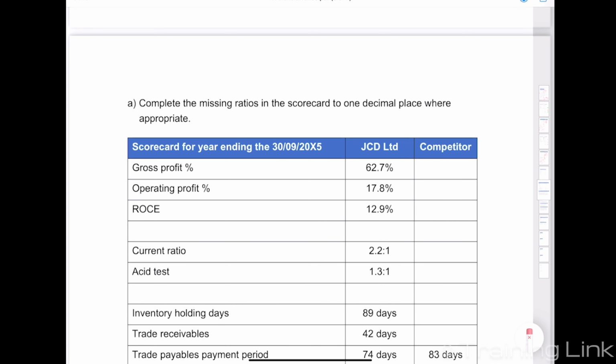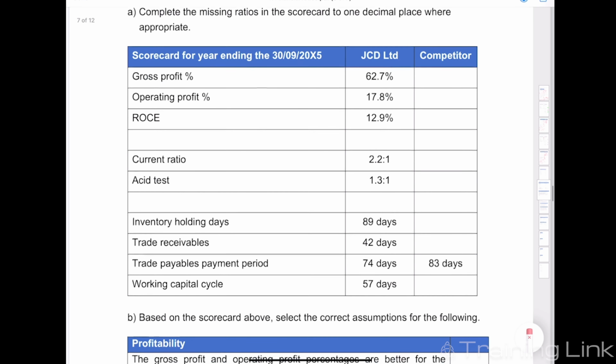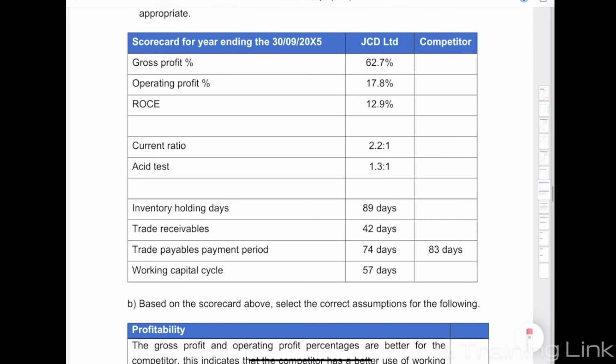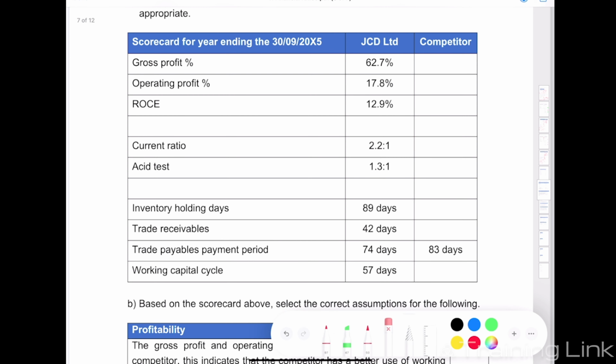So what I'm going to do is input the percentages or days for the competitor down here, and then we will have a look at the comparisons that we need to make based upon part B of this question. So the results for the competitor are as follows.